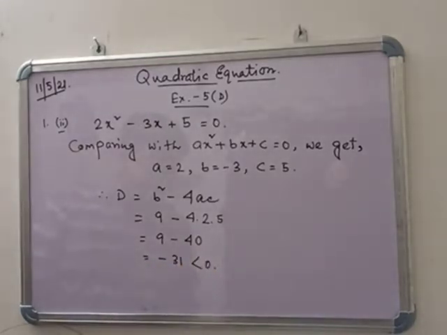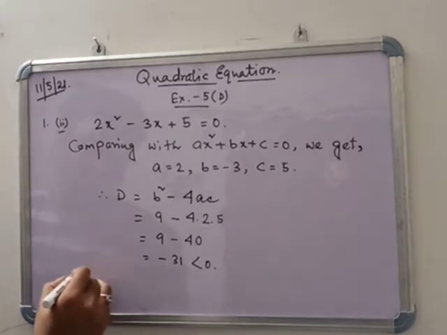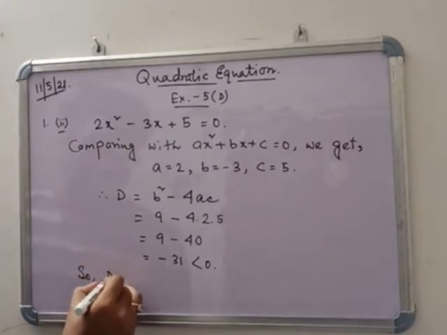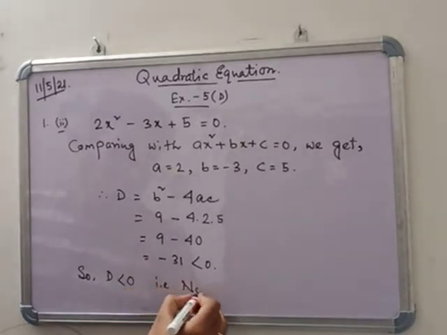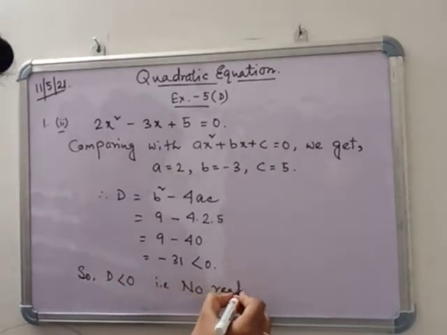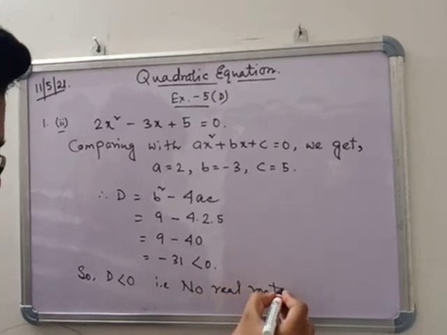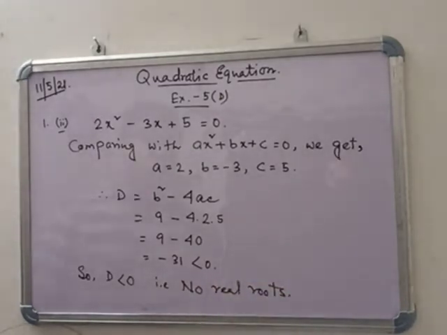So D less than 0 means no real roots. This is the nature of the roots. Now note it down, all of you.